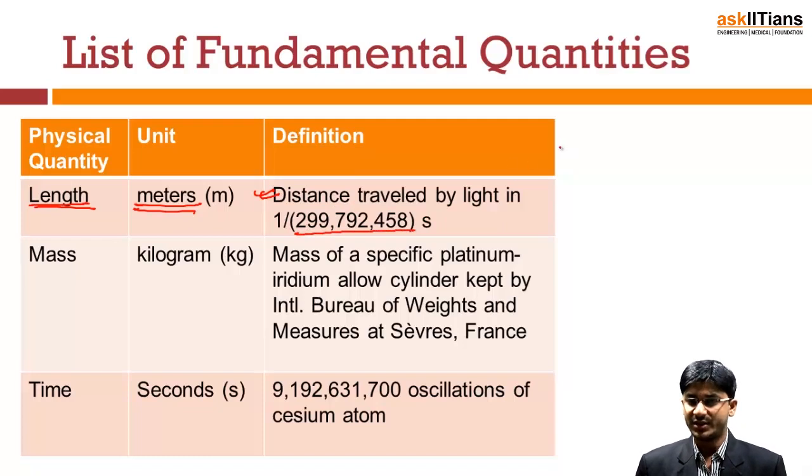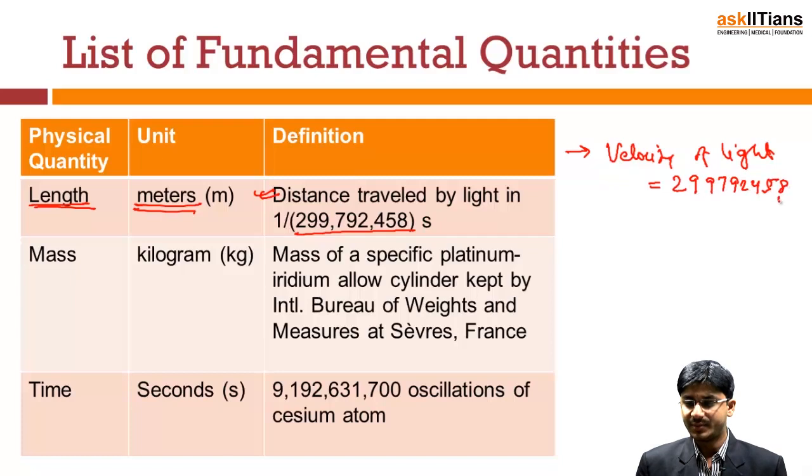So if you try to see it, the velocity of light is actually equal to 299,792,458 meter per second. This is the velocity of light, and it is a universal constant.